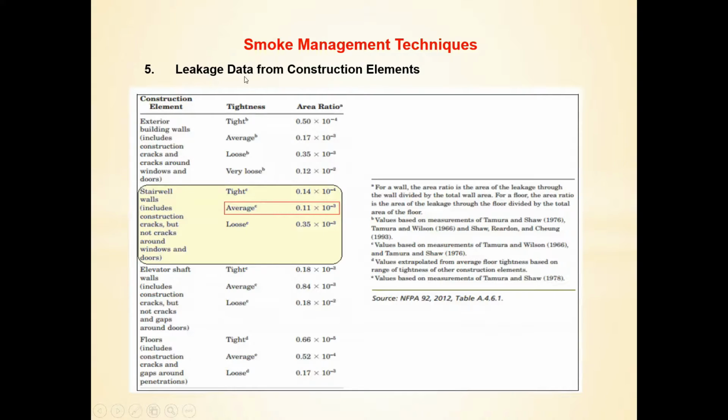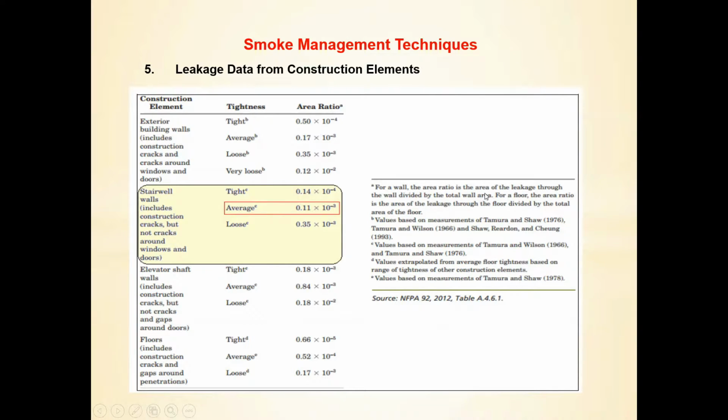Now, how do we calculate the leakage CFM from the building construction elements? NFPA 92 gives this leakage data for the construction elements. There is a term called area ratio, which is basically the area ratio for any component, whether it's a wall, ceiling, or floor.